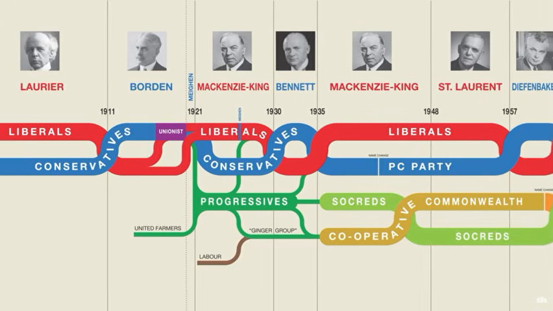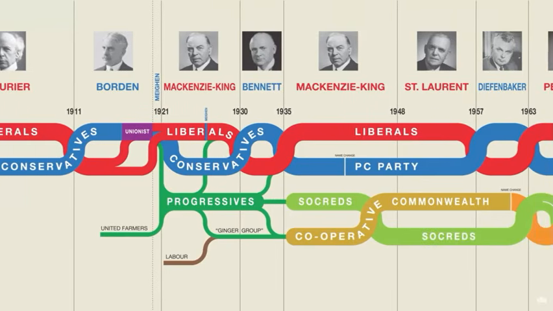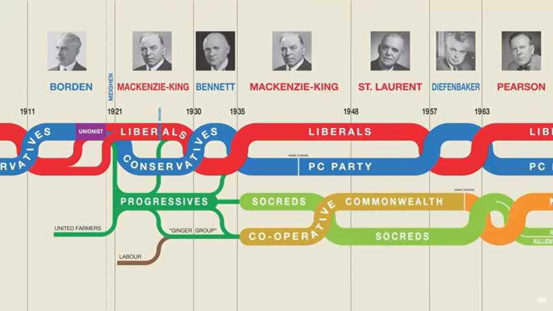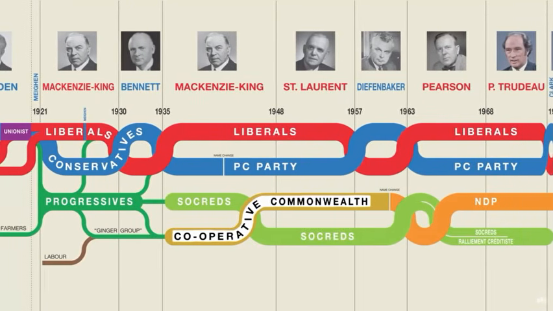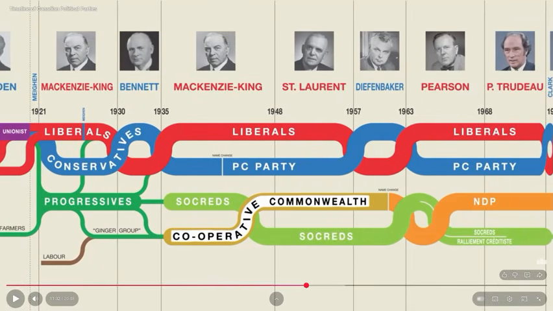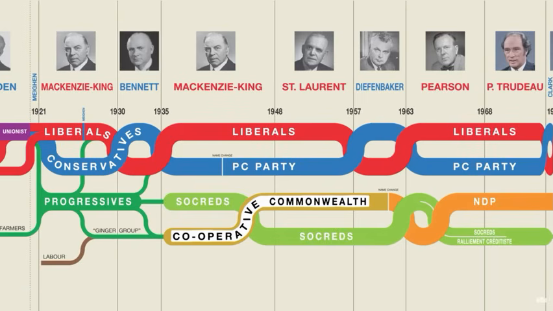If we move forward to 1935, you'll see that the Ginger Group ended up forming a new party, which was called the Cooperative Commonwealth Federation, or CCF. The leader of the CCF was J.S. Woodsworth, who was unofficially the leader of the Ginger Group, and was officially the leader of the Independent Labour Party.